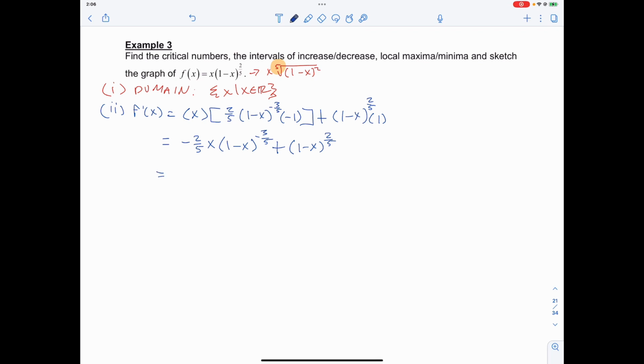I'm going to factor out that fraction. I'm going to factor out the (1 minus x) to the negative 3 over 5. And that's going to leave me with negative 2x plus 5 (1 minus x) to the power of 1.